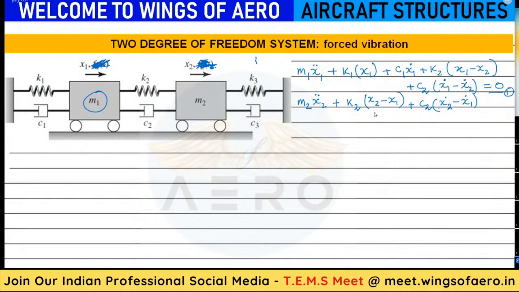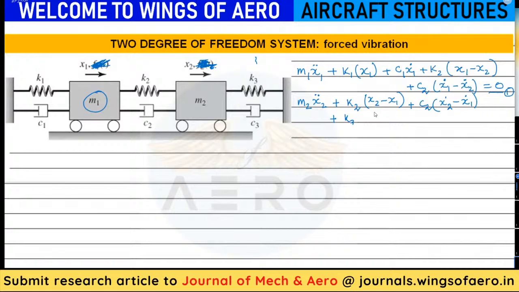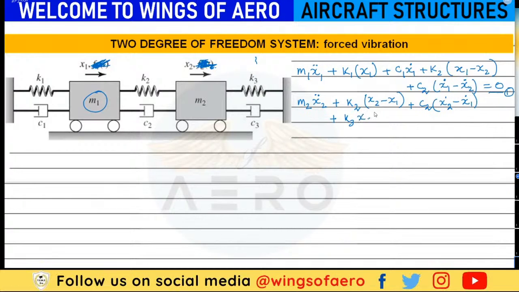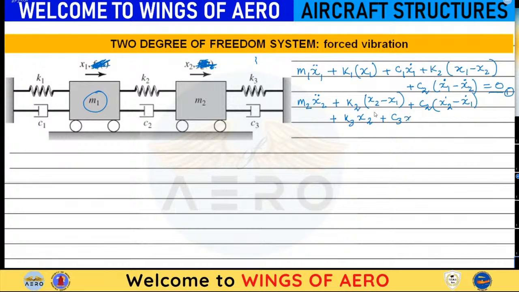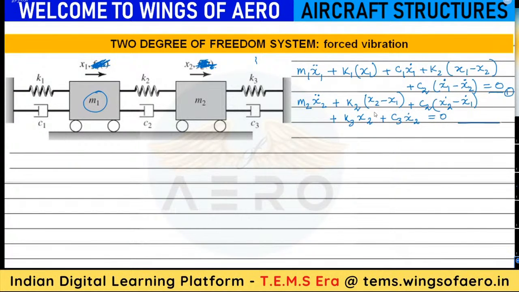This one set is over, and it is also in connection with K3, so plus K3 into x2 and C3 into x2 dot, equal to 0. We get equation 2, right?